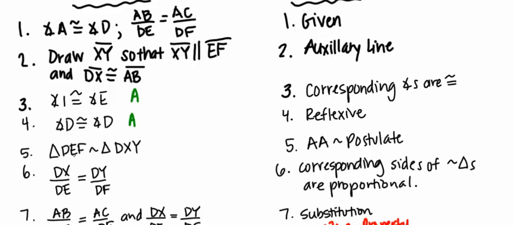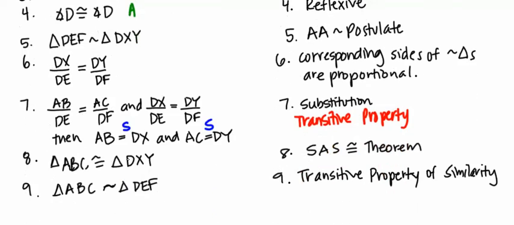If triangle DEF is similar to triangle DXY, and triangle DXY is congruent to triangle ABC, then by the transitive property, triangle ABC must also be similar to triangle DEF. And we will never have to prove this theorem ever again. So we're thankful for that, and we're moving on.